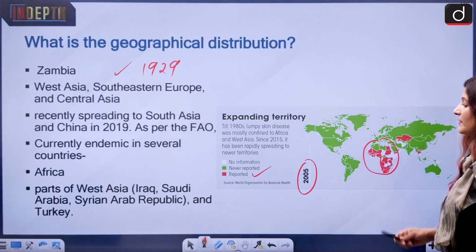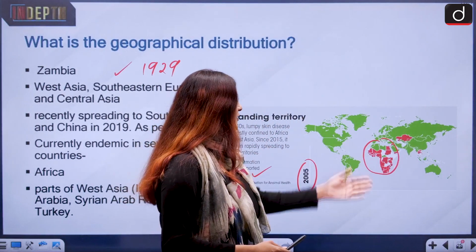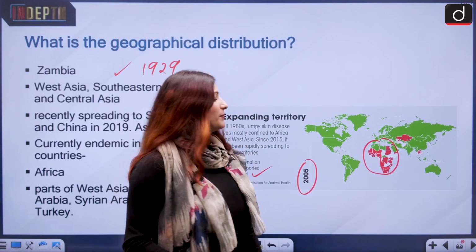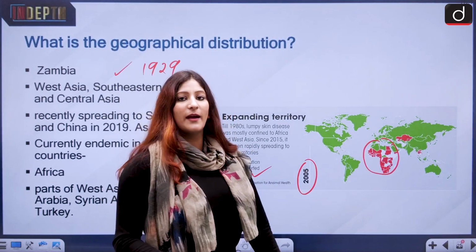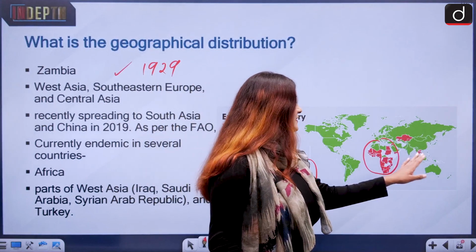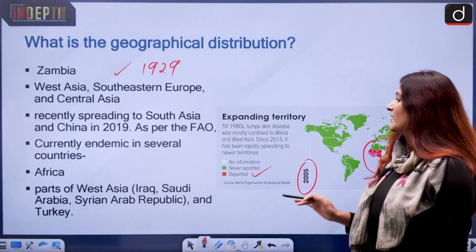As we can see, it was never reported in India and many Southeast Asian and Asian countries. Only certain parts of Central Asia plus certain parts of the Middle East, that is West Asia, and countries from Africa saw it. India fortunately did not have it. Certain countries in Southeast Asia did have it. So in 2005, that was the scenario.